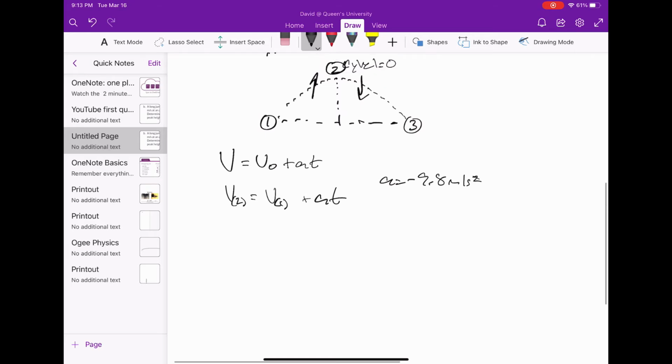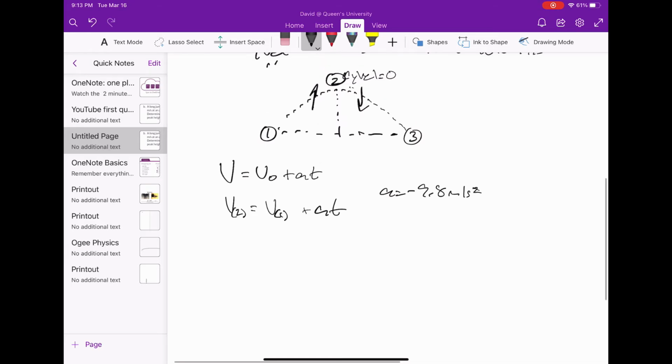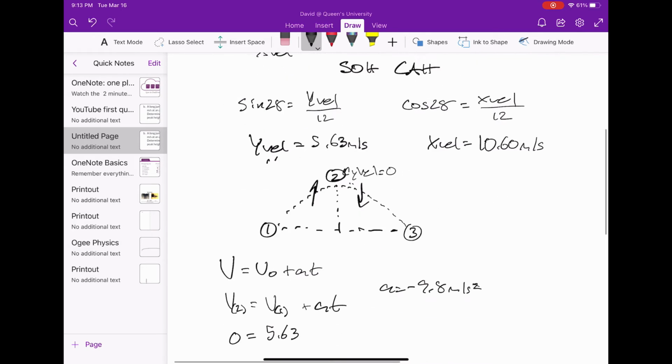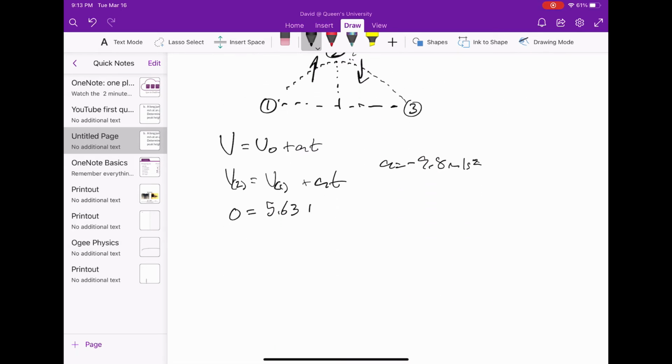So we put our information in here. We know that our y velocity at the top point here is going to be 0. So 0 equals, and our takeoff velocity was 5.63, plus negative 9.8 meters per second squared multiplied by our time. And this is our time at the halfway point. So we're actually not solving the total time.